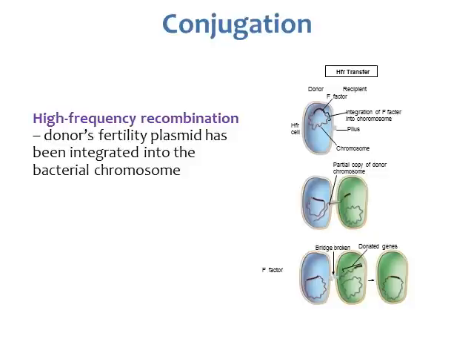So in high-frequency recombination, you're transferring a bigger part of the chromosome from one cell to the other. In just normal conjugation, you're just transferring a little piece of DNA called a plasmid from your donor cell into your recipient cell.